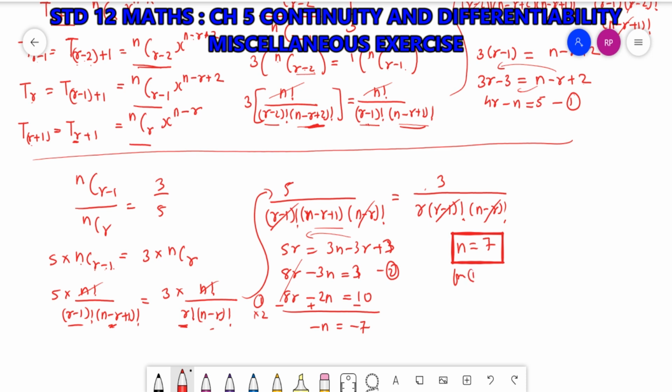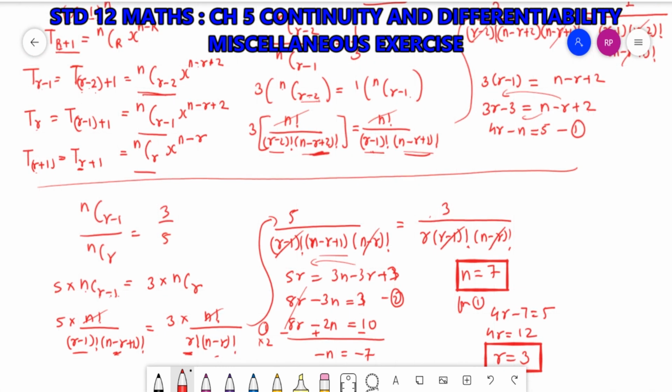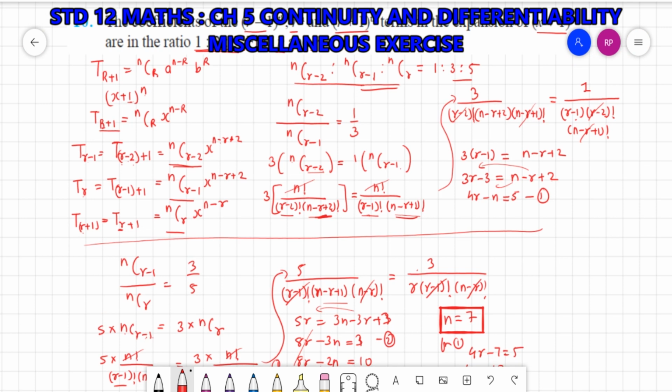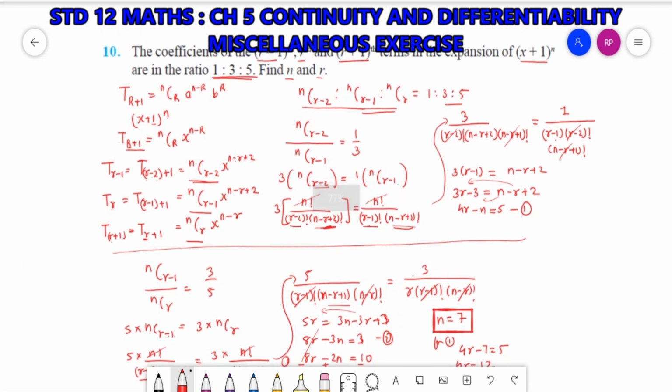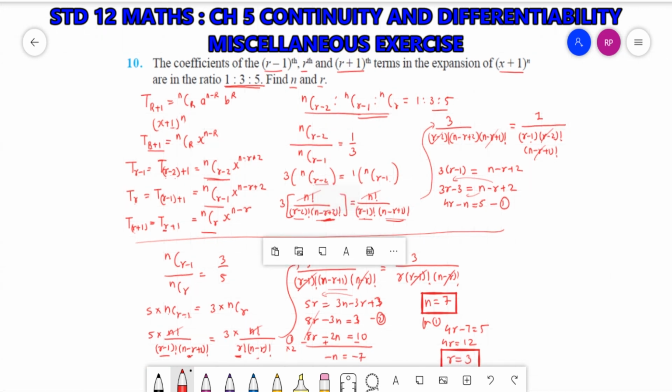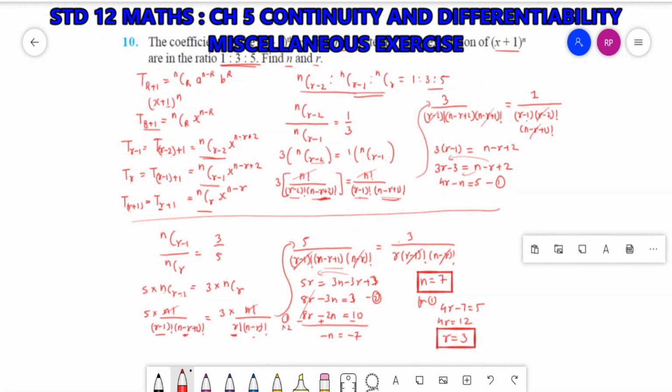From equation 1, 4r minus 7 equal to 5. That means 4r is equal to 12. That means r is equal to 3. We got the values of n and r. Okay, so this was about question number 10. Just note it down.